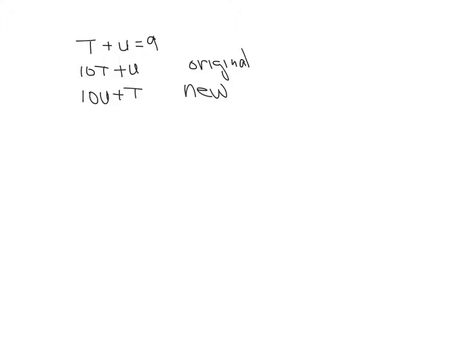Alright, so it says that the new number is 45 less than the original. So this number is 45 less, so in order to make it the same, I'm going to add 45 here, so then it's the same as that. Why do I keep doing that?